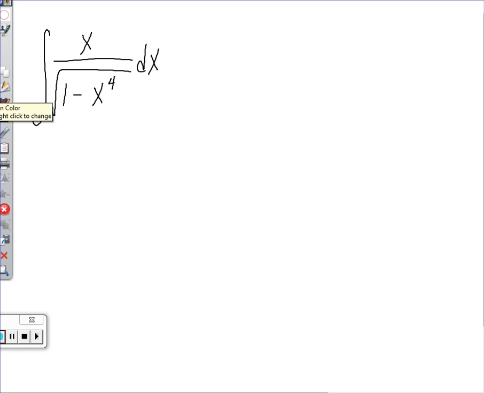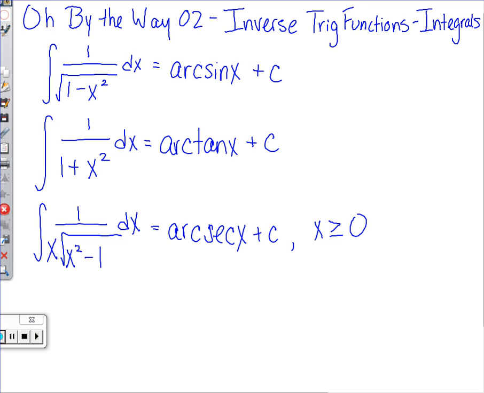Okay. The goal with all of these arc sine, arc cosine type problems is that you must, under all circumstances, get it to look like your original one of these. Or, I guess I should say, in a U substituted form.